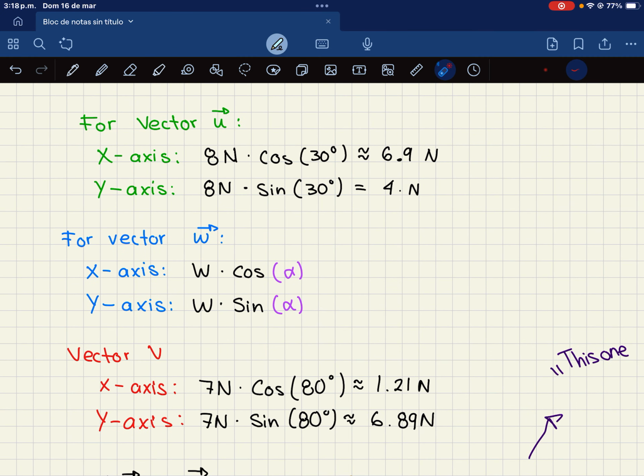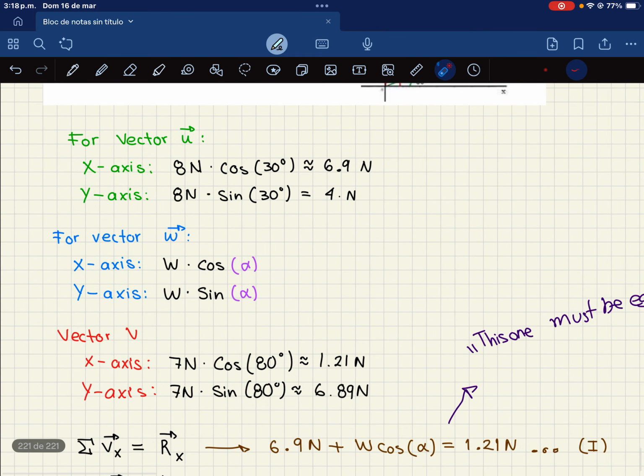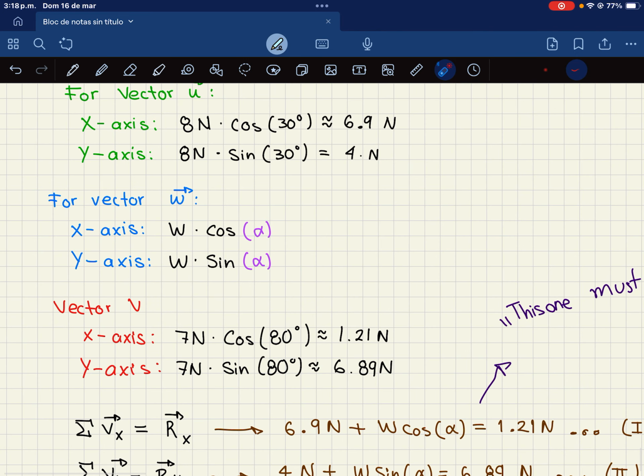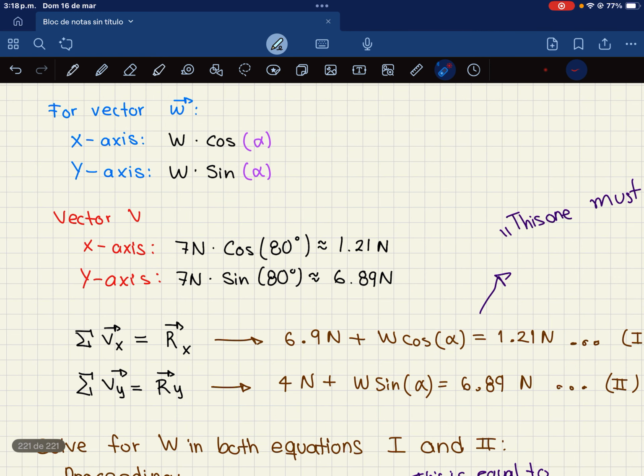Finally, we decompose the resultant vector, the vector B. To the x-axis, 7 newtons times cosine of 80 degrees is approximately 1.21 newtons. Y-axis, 7 newtons times sine of 80 degrees is approximately 6.89 newtons.